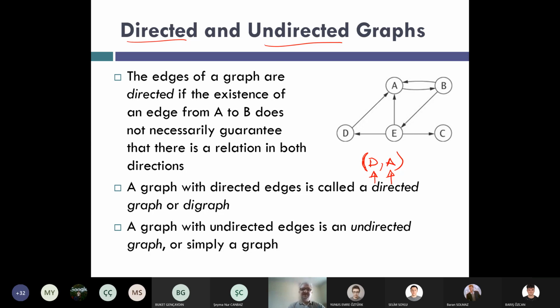The edges of the graph are directed if the existence of an edge from A to B doesn't necessarily guarantee that there is a relation in both ways.